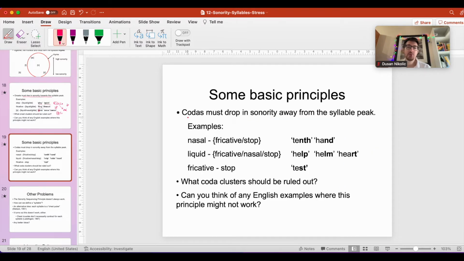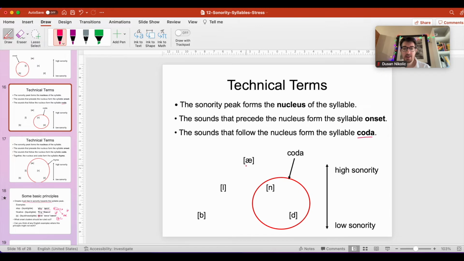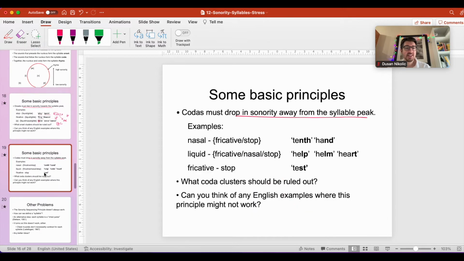The codas also must drop in sonority away from the syllable peak. So high sonority at the syllable peak, then the sonority falls or goes down, right?